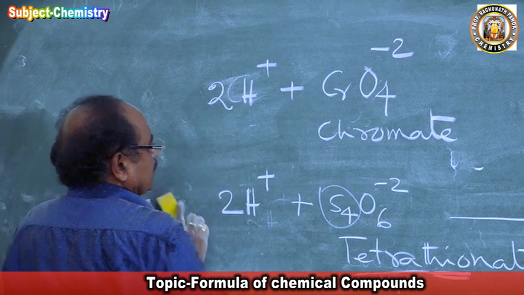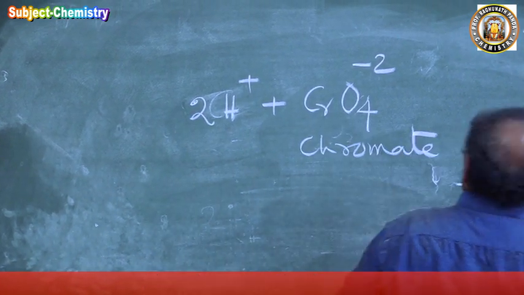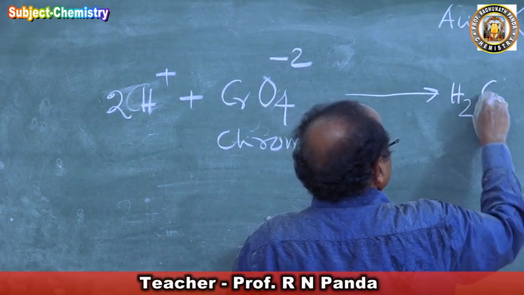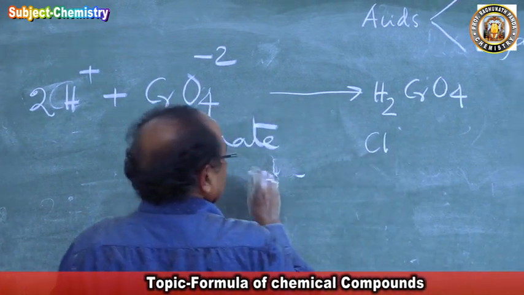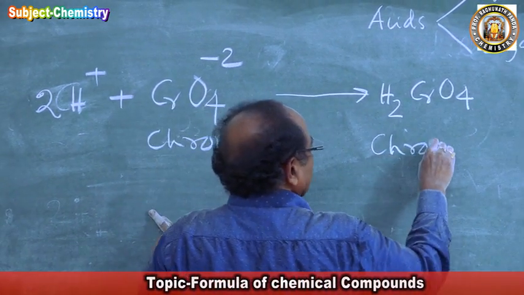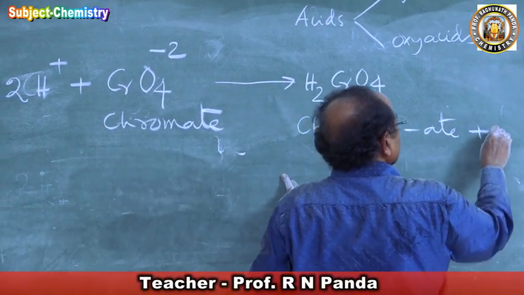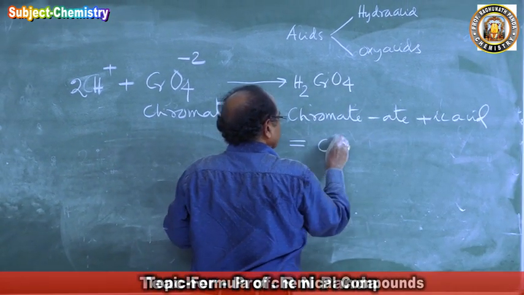So 2H plus. So what will the formula be? 2 hydrogens are there, H2CrO4. So this is chromate minus ATE plus IC acid. So this is chromic acid.